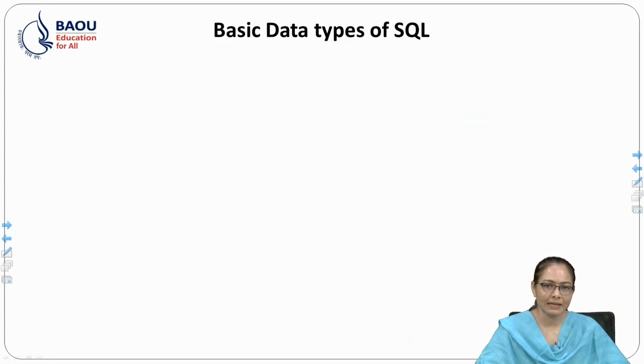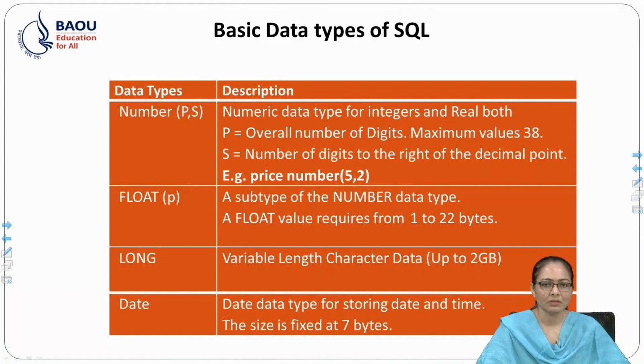Now the next data type is used for numeric values. First is NUMBER(P, S). P is the size, the total size, and S is the scale. The numeric data type is used for both integer and real.